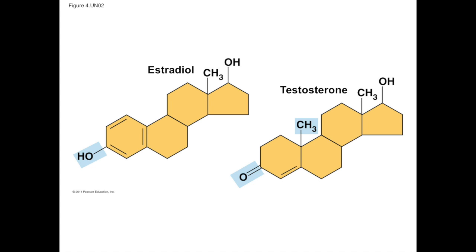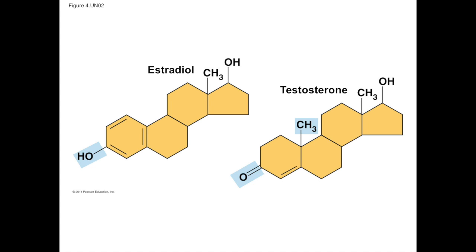So hopefully you recognize that testosterone and estradiol are very similar in their shape. There's just a couple of little differences outlined in that light blue that make them different.